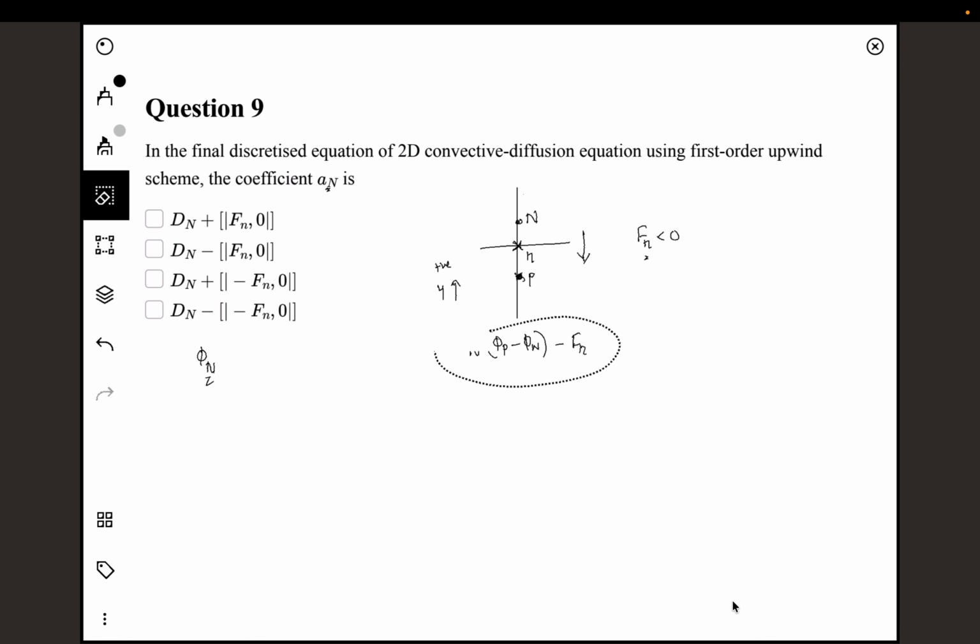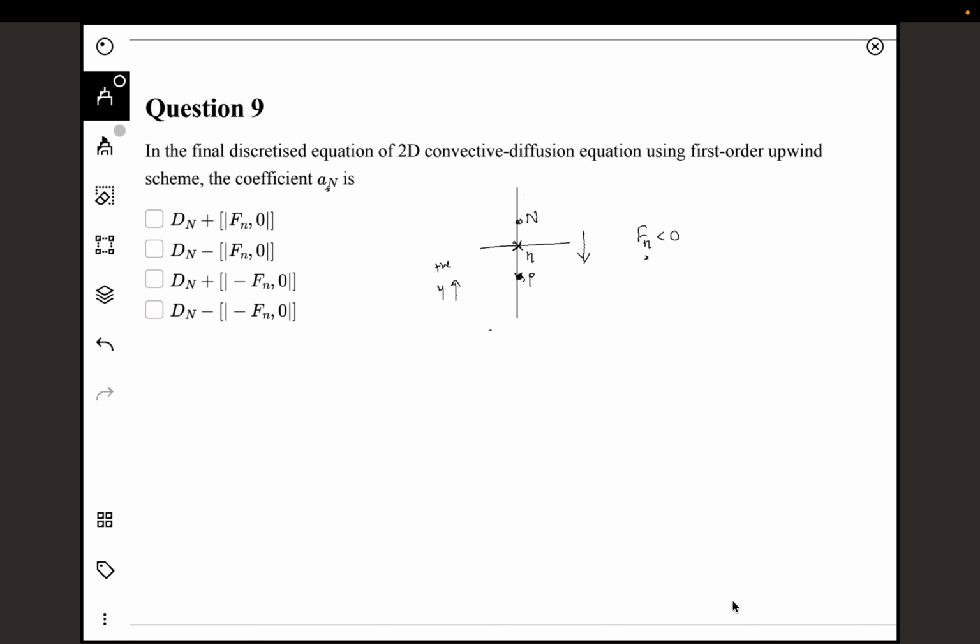Write the full equation, then it will be more clear. The net flux will be Fe phi e, and so on. This will be the total equation.